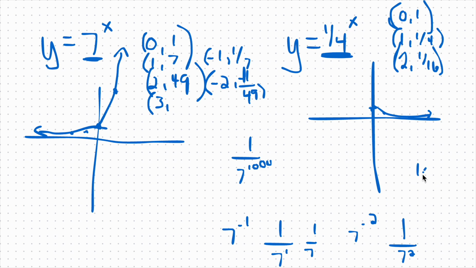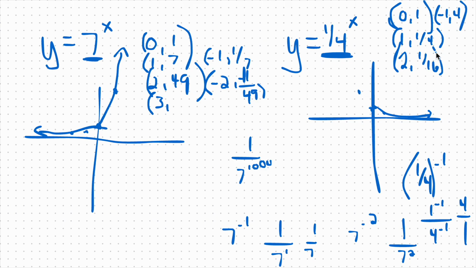So 1/4 to the power of -1. Kind of distributive property, so this is 1 to the power of -1 and 4 to the power of -1. And because they're negatives, I have to flip them. So 4 over 1. So when x is -1, y is 4. So (-1, 4), about here.